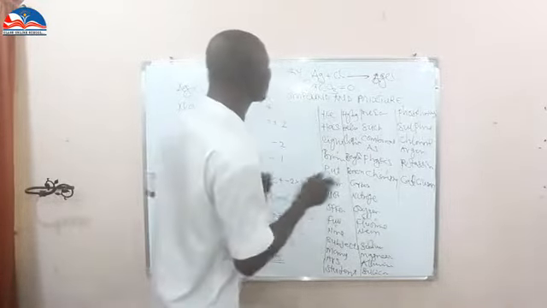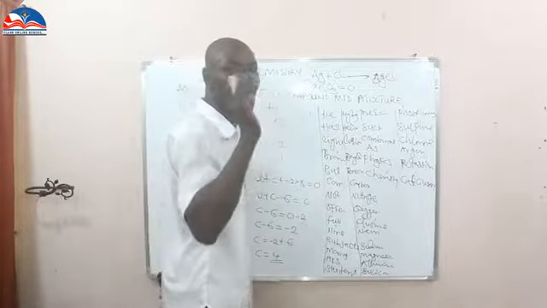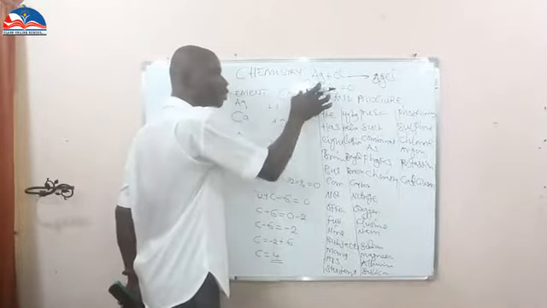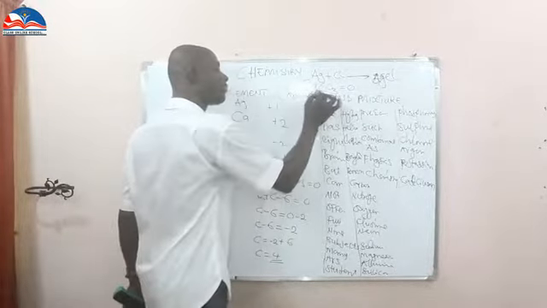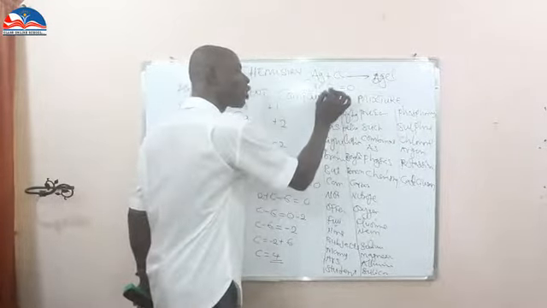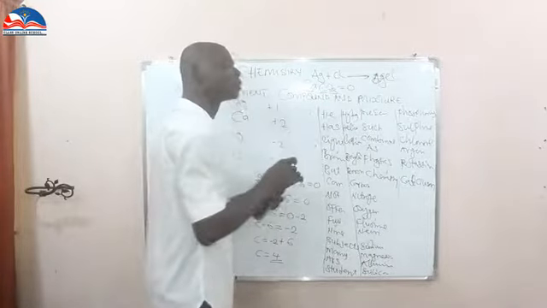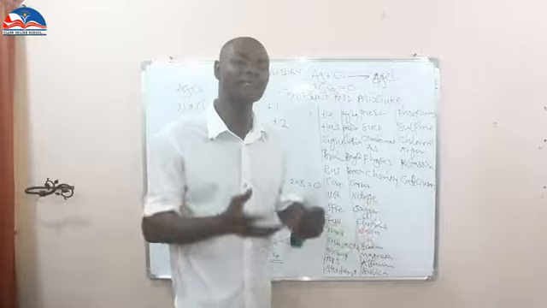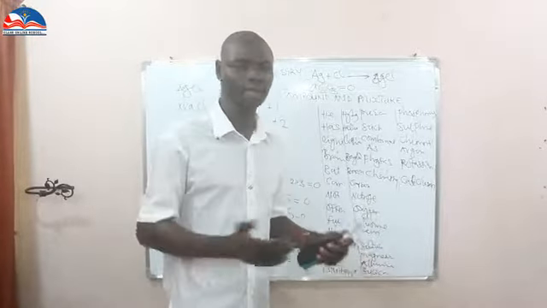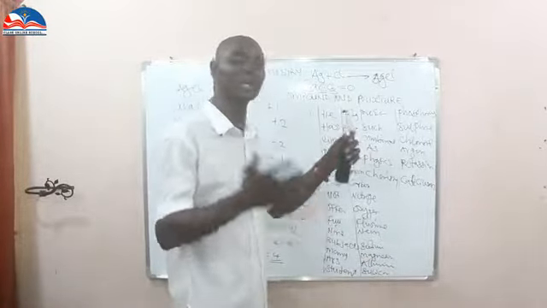With this, you find out that there are 3 elements in calcium trioxocarbonate 4: we have the calcium, we have the carbon, we have the oxygen. And the carbon, calcium and oxygen can be separated by physical means. You can separate them. That is what makes them a mixture.